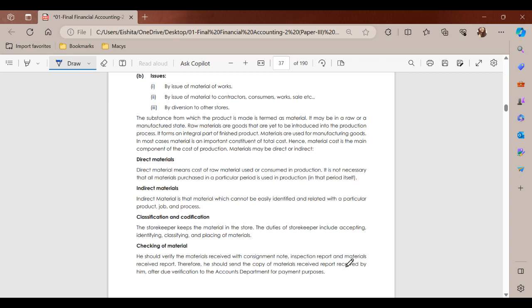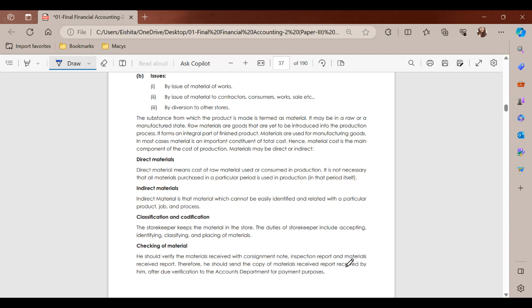So what you will get is the indirect material. Like packing material, you will not be able to identify which material we have used for which process. You will not be able to identify which material we have used against which process. So that is called indirect material. And what is required is the storekeeper keeps a check on the codes.